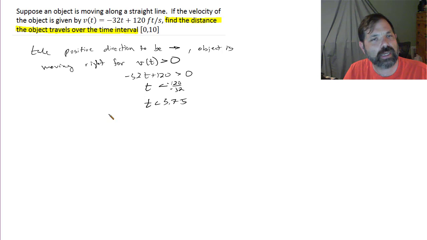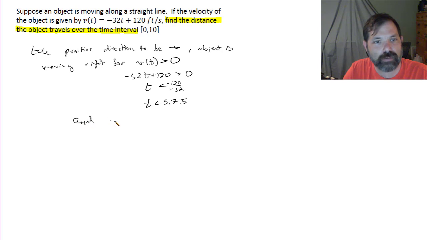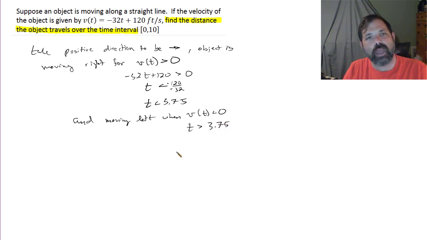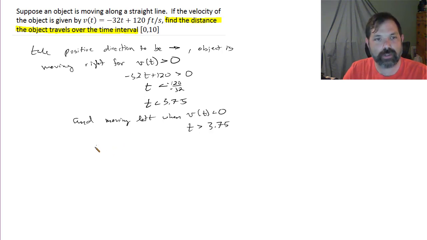And it's moving left when the velocity is negative, so that ends up being when the time is greater than 3.75. And so what we have to do here is break up this single integral into two integrals. And we have to be careful here.